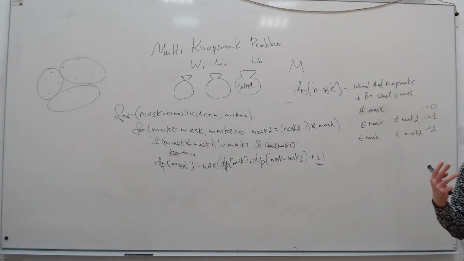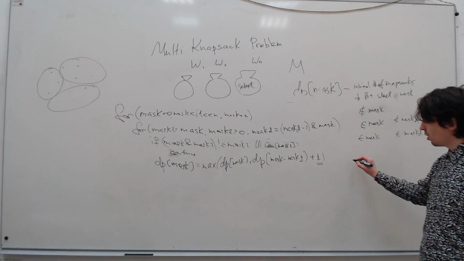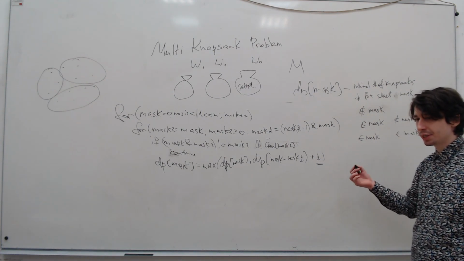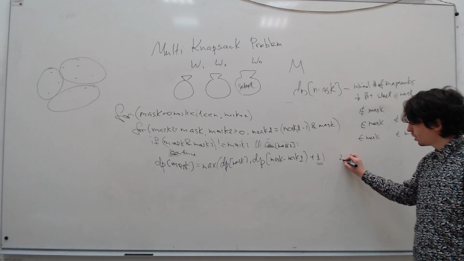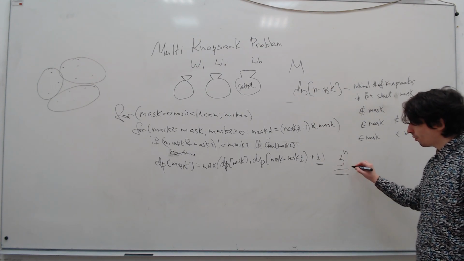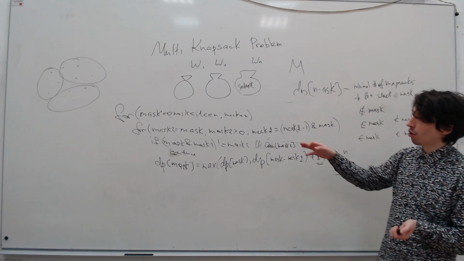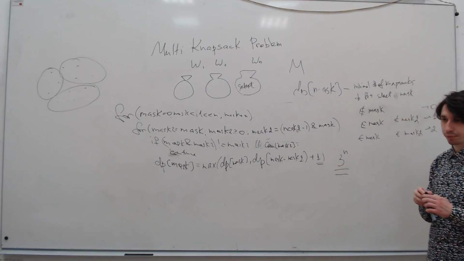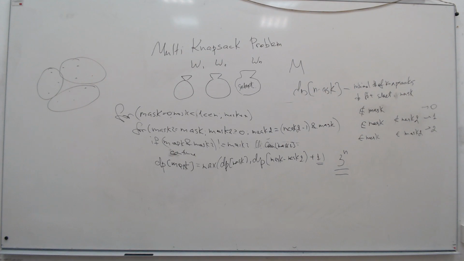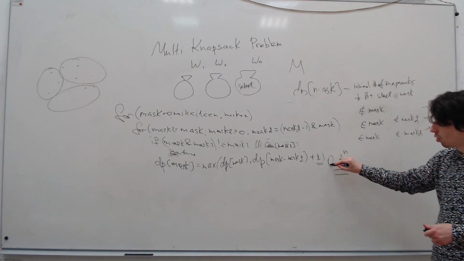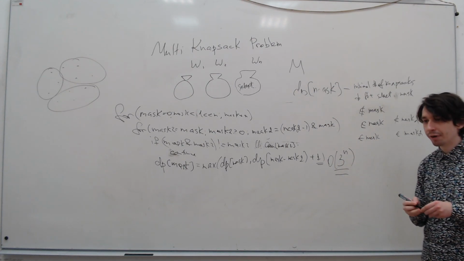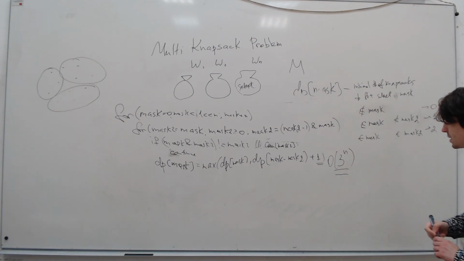So it's like using a ternary digit system. All 3 to the power of n different numbers can encode the pair of mask and mask2, and they uniquely encode them. So if you do it like that, the complexity will be 3 to the power of n times n, I think.